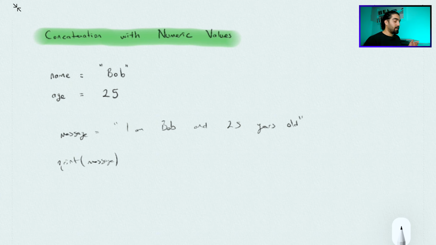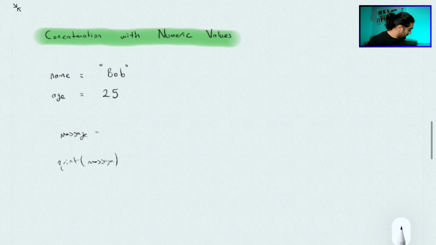There's no problem with this. But sometimes we want to use variable names in our strings, and to be able to do this, we might need to use the plus operator. So how am I going to do that? Instead of typing this, I'm going to do something like this. Let's say I am plus our name variable.